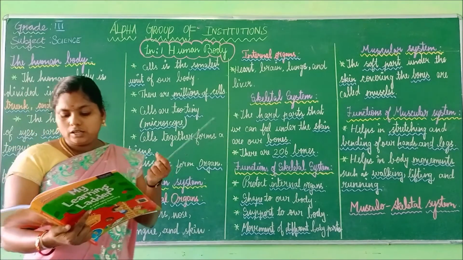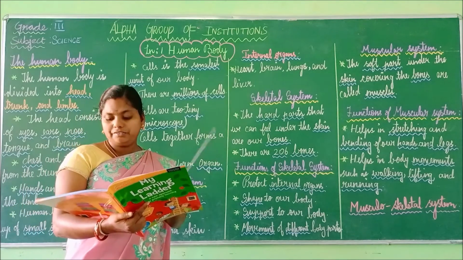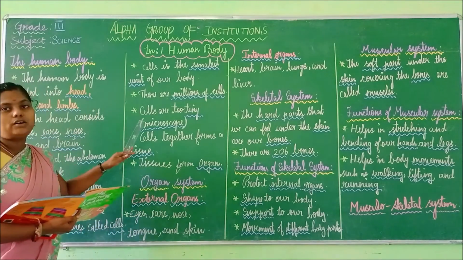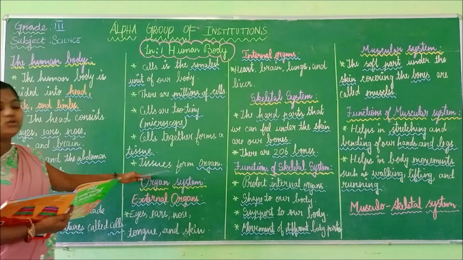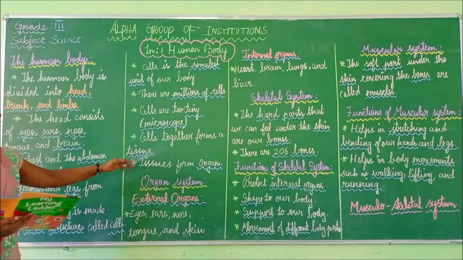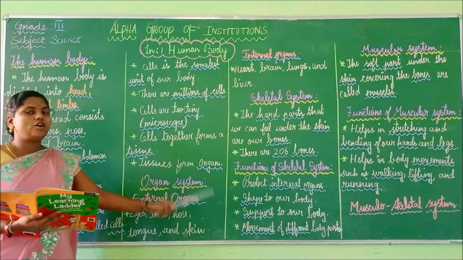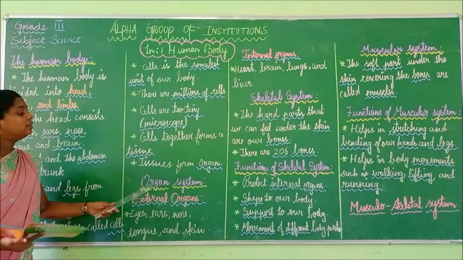Different tissues combine together to form a larger unit, the organ. Is it clear, children? We said that cells together form tissues, and tissues together form organs. Now we will learn about organ systems.